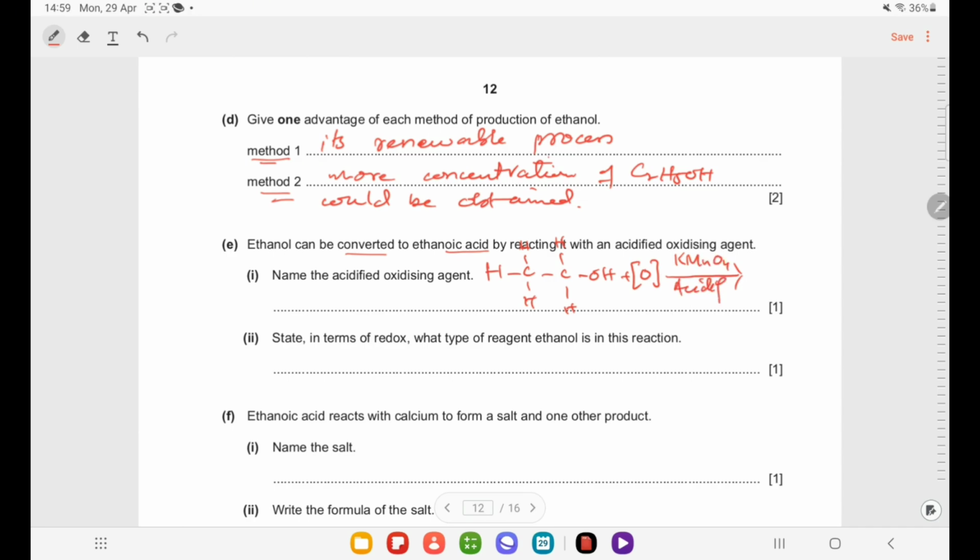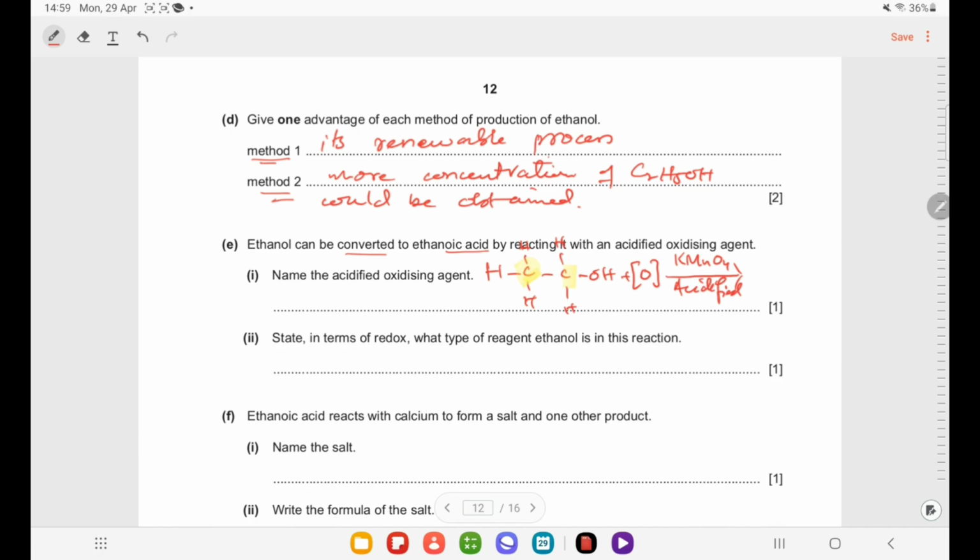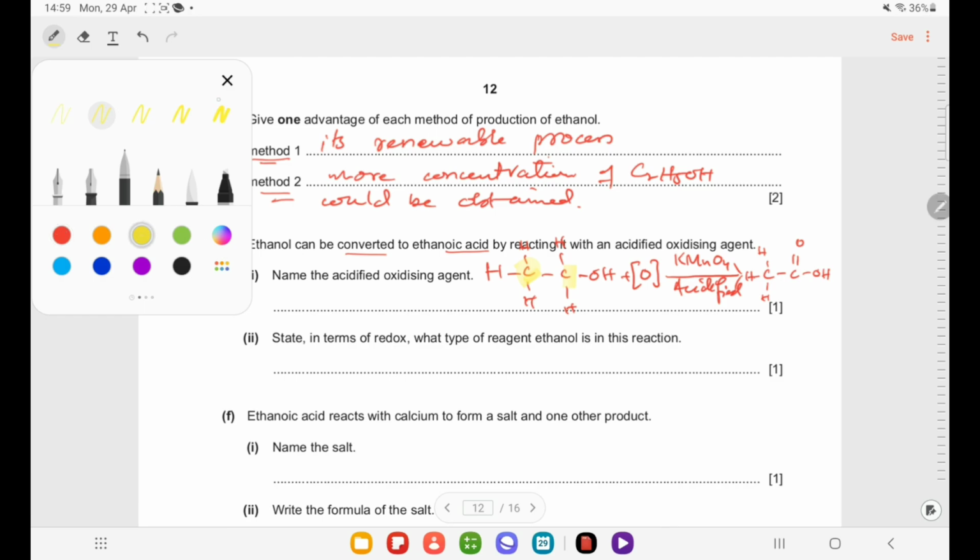We have to use acidified KMnO4 for this reaction. So this 2 carbon alcohol will be oxidized into a 2 carbon carboxylic acid, and that is ethanoic acid.